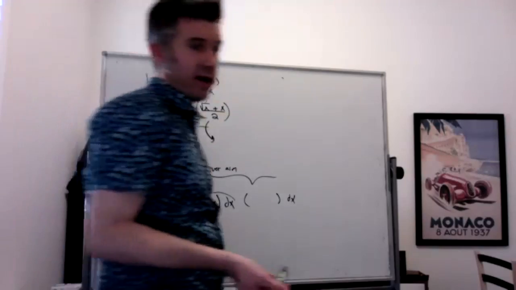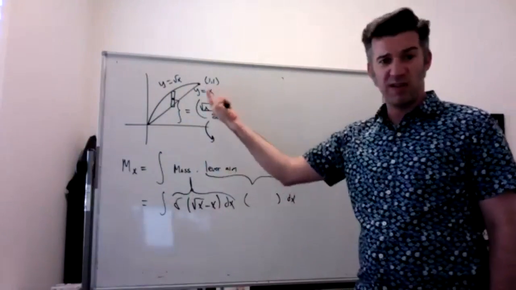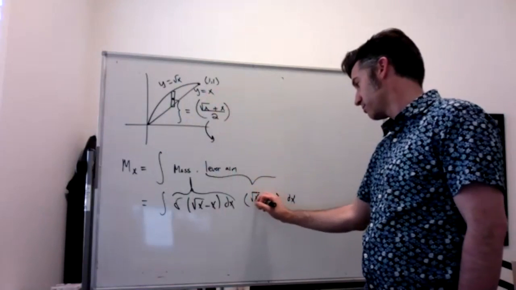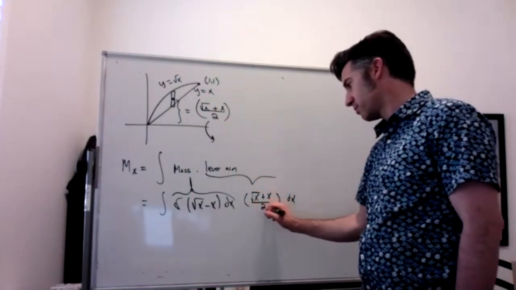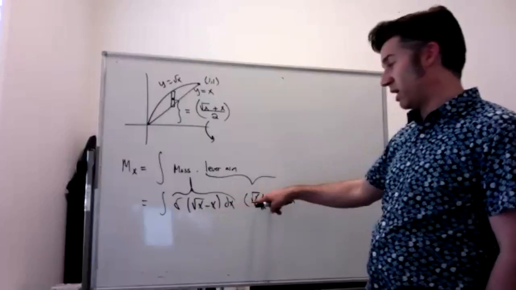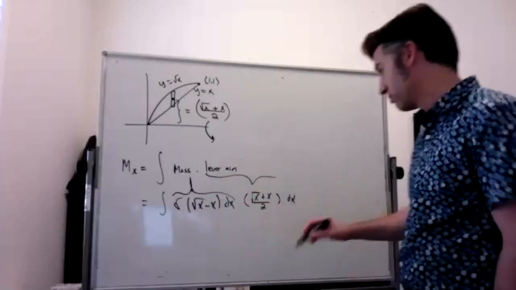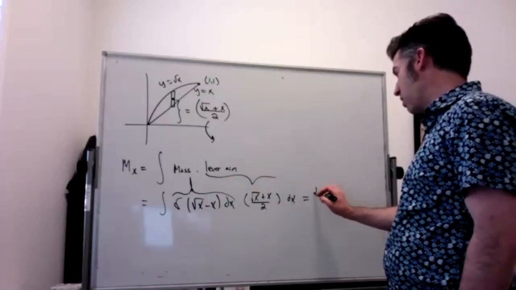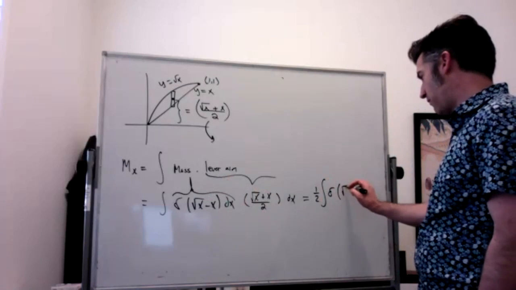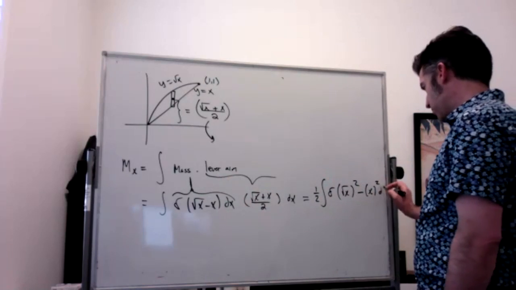So whenever you're trying to find the lever arm and you have your strip being perpendicular to your axis of rotation, you have to use this kind of silly formula. Now, here's how this shakes out. You have root x minus x times root x plus x. That's root x squared minus x squared. So you end up getting 1/2 times the integral of your density times your top function squared minus your bottom function squared.